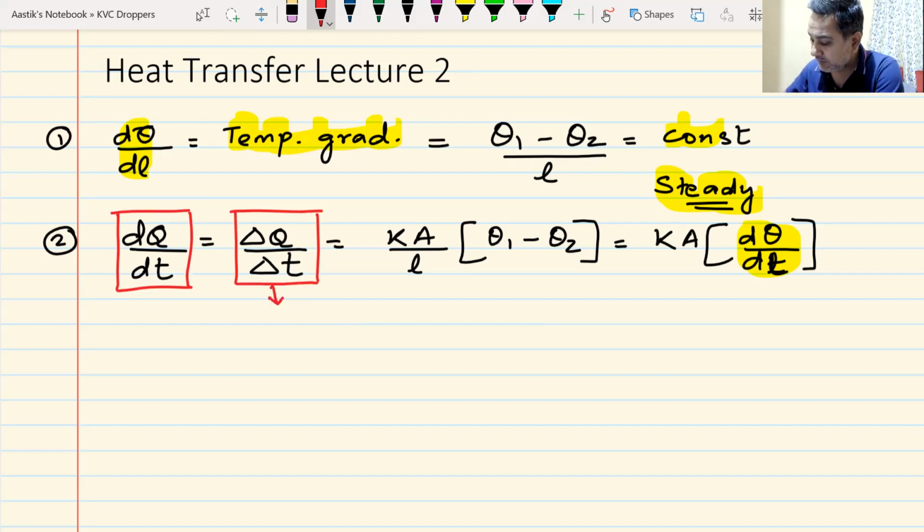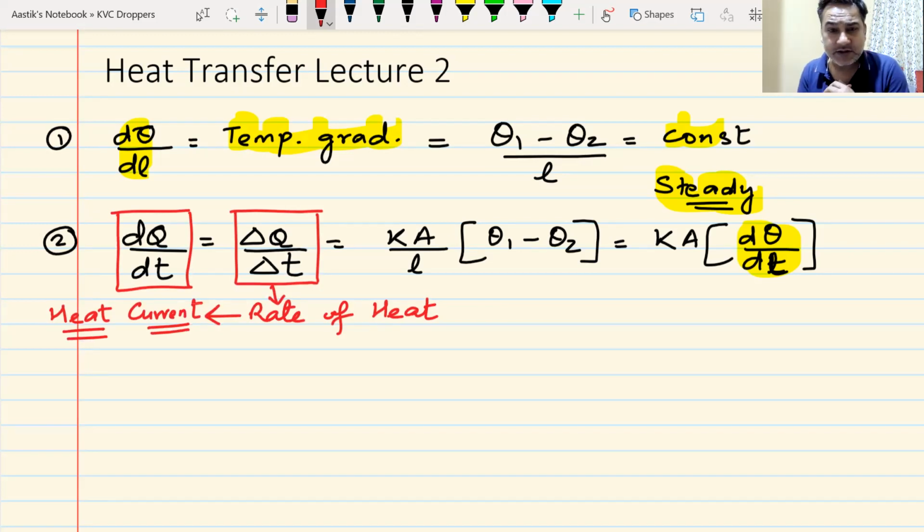is nothing but the rate at which heat is flowing. Now, instead of calling it the rate of heat flow, I will also call it by a new name, and this new name is heat current.